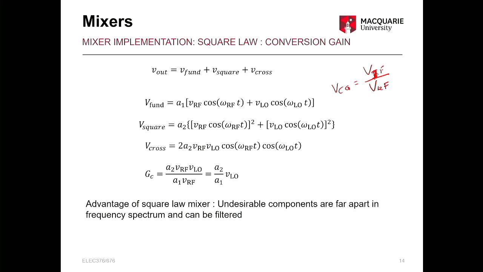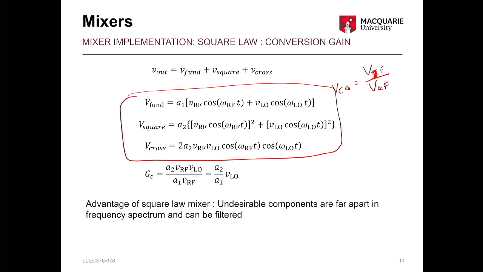In this case, when you have the total output signal, the sum of these three, you can easily find the voltage conversion gain. You just need to find what is the coefficient for the IF. What is the coefficient of IF here?